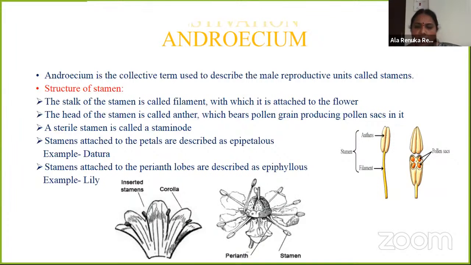Each stamen has two parts. It has a stalk with which it is attached to the flower, called the filament. The filament attaches the stamen to the flower, and the head of the stamen is called the anther. Anther consists of pollen sacs. Pollen sacs contain pollen grains.